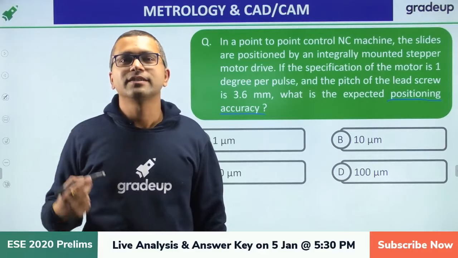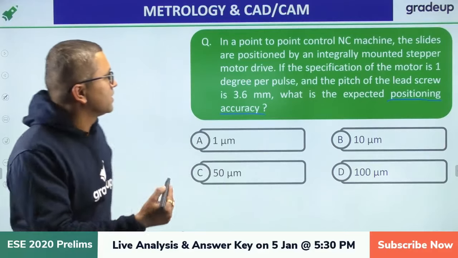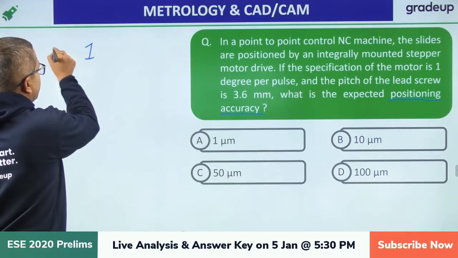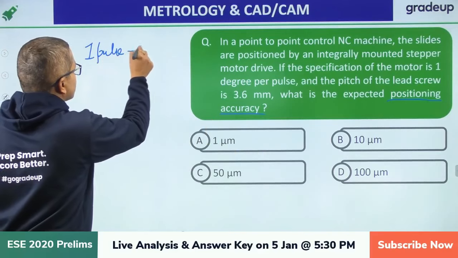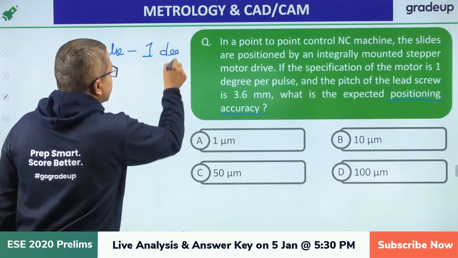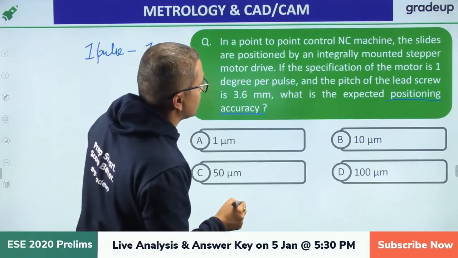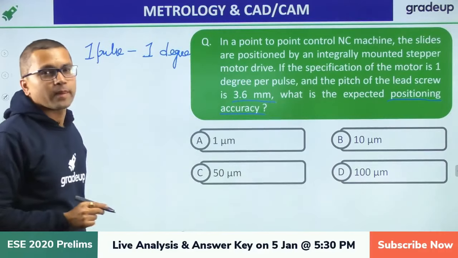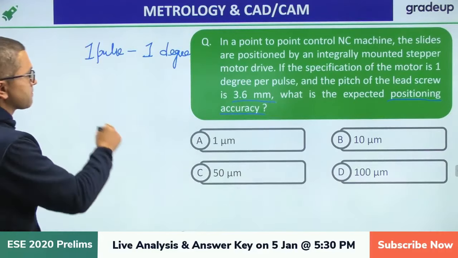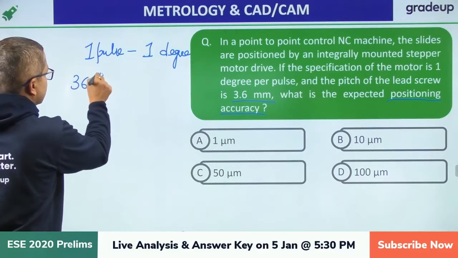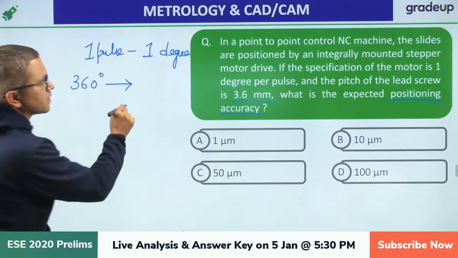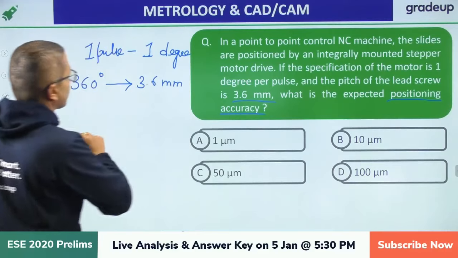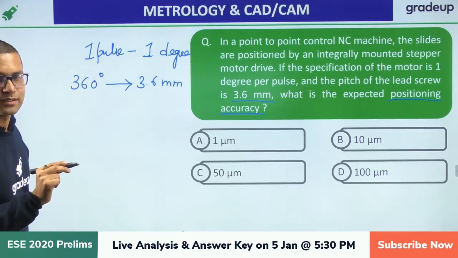So firstly write it. All right, if you can write it down, okay, fine. So 1 pulse corresponds to 1 degree, right? And the pitch of the lead screw is 3.6 mm, which means in 360 degrees the lead screw moves by 3.6 mm, right?